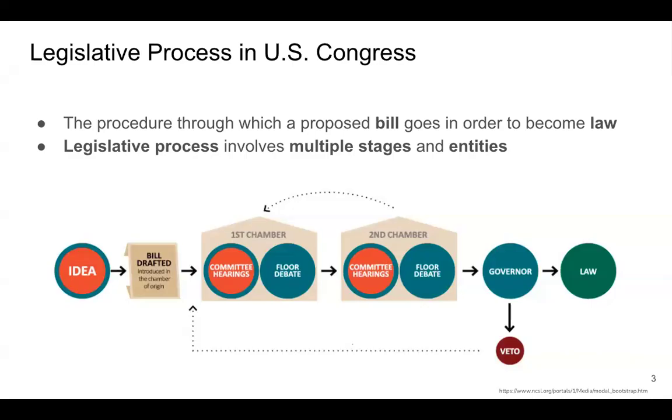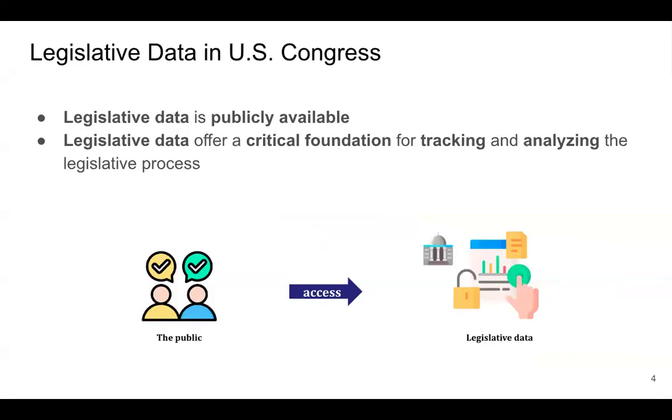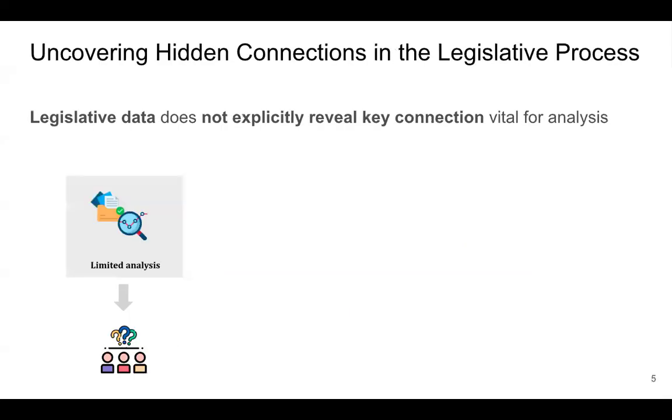So it's a long and complex process, and all of this data, like which bills are introduced, how people vote on it, how the Congress votes on it, is publicly available. So all of the world pretty much can see what actually happens. This data can be used to try to analyze what's going on underneath the whole complex process.